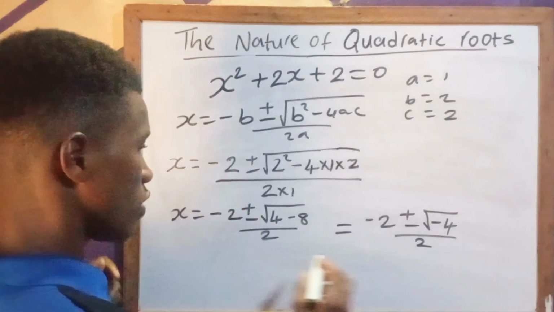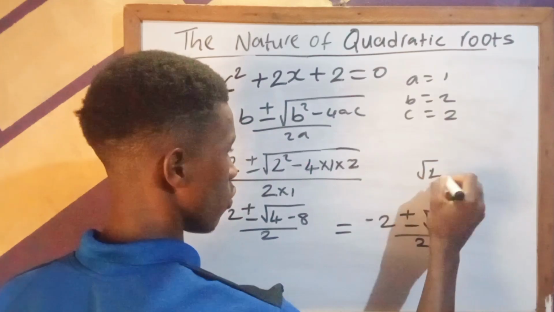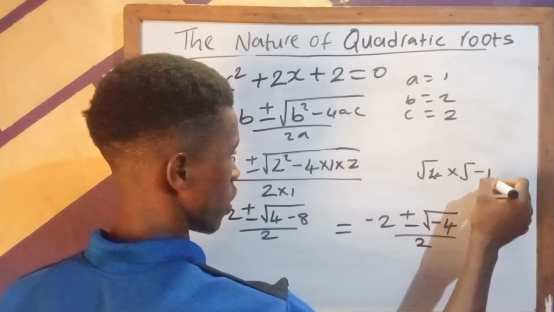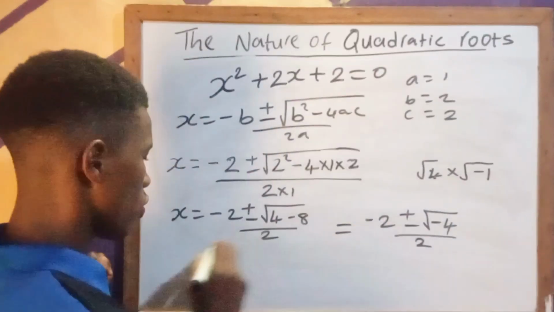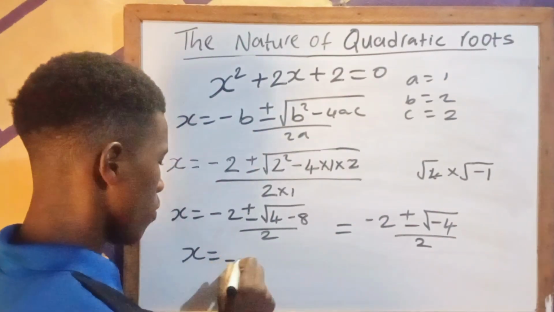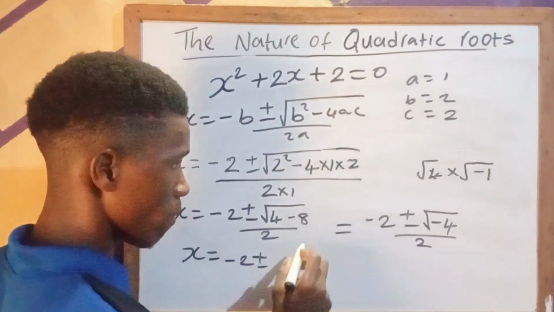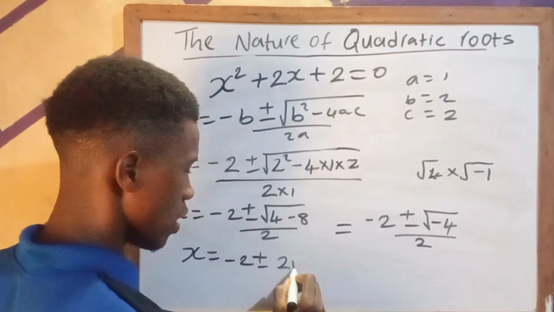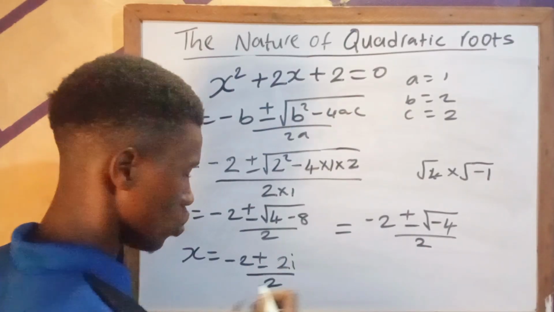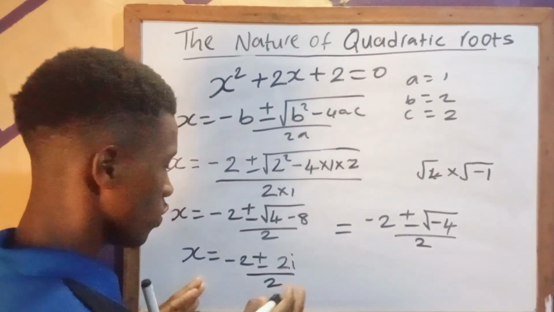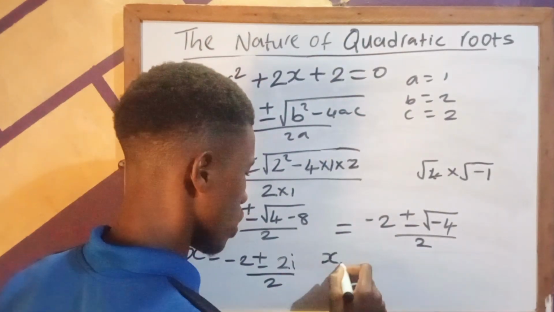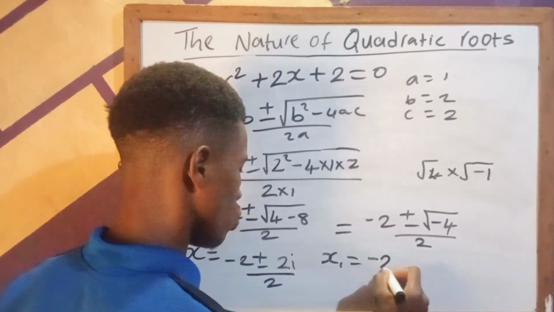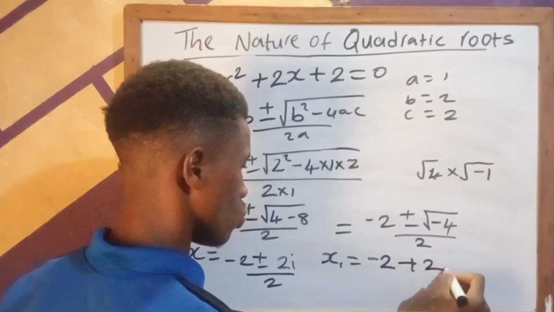Now the square root of minus 4 is the same thing as square root of 4 times square root of minus 1. Square root of minus 1 is i. So from here we have that x is equal to minus 2 plus or minus 2i over 2. The first solution, x1, is equal to minus 2 plus 2i over 2.